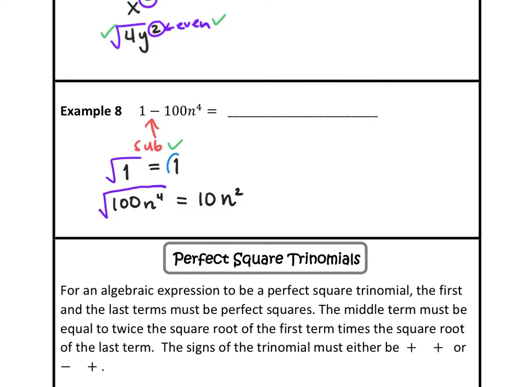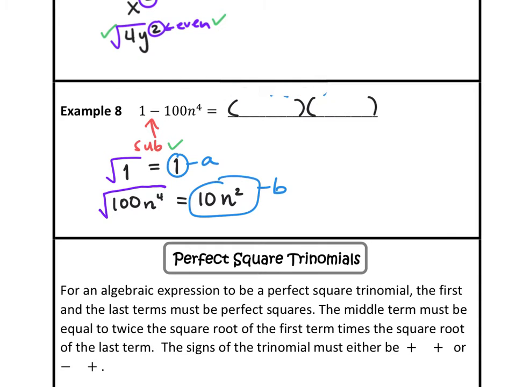Okay, so this is my A, and this is my B. And so remember, we have to do A plus B, parentheses, A minus B. I'm sorry about that.